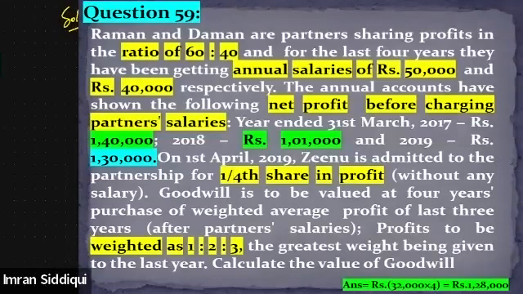And on 1st of April 2019, Zenu is admitted to the partnership for a 1/4 share in the profit without any salary. Goodwill is to be valued at 4 years purchase of weighted average profit of the last 3 years after partner salary. Profit to be weighted as 1, 2, 3, the greatest weight being given to the last year. Calculate the value of goodwill.